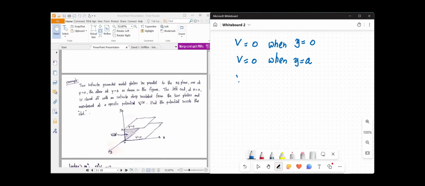So the potential is maintained at V naught of y when x is equal to 0. And we can have another boundary condition.